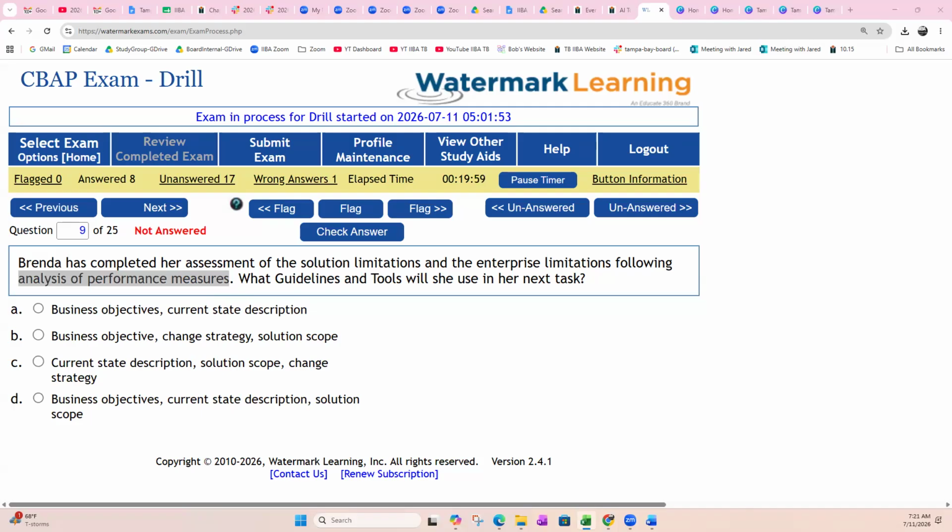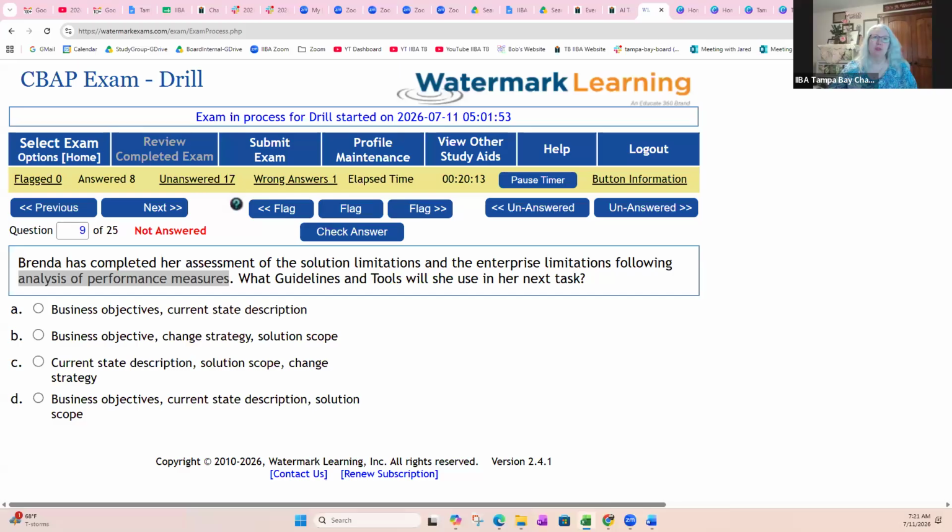The solution value. Find the solution value. Solution limitations, enterprise limitations. So the next task is recommend actions to increase solution value, right? So we know which guidelines and tools we're going to be using. I'm just going to say this.